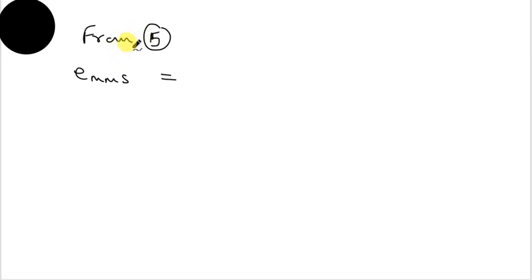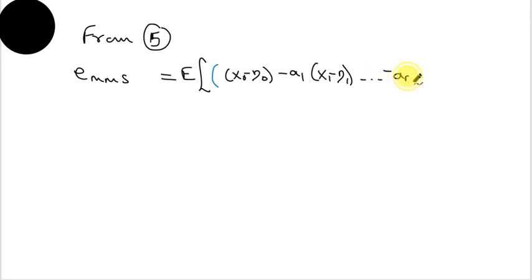This value will now turn out to be expectation of, open bracket, x naught minus eta naught minus a1 into x1 minus eta 1 etc. minus an into xn minus eta n.